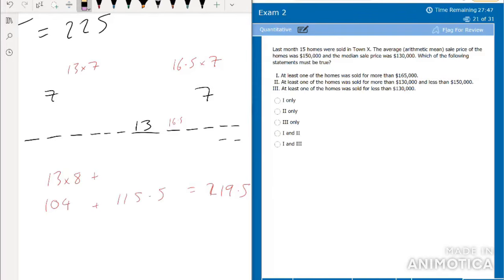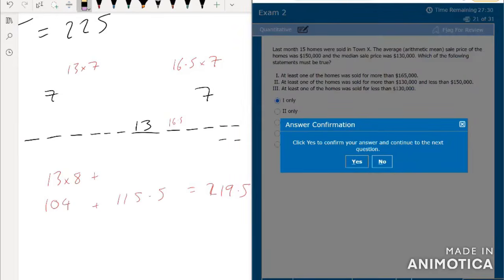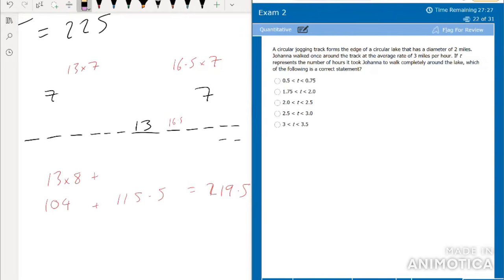So we could have a bunch of 13s and a bunch of 17s, and that would work, or a bunch of 13s and a bunch of 18s, or whatever we would have needed. So 2 doesn't have to be true. Then at least one of the homes was sold for less than 130. Again, that doesn't have to be true. So only 1 has to be true. And the reason I could say 3 wasn't true is because I've already shown that there's another example that I can come up with where it isn't true.